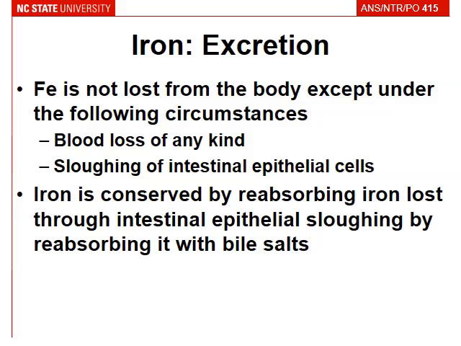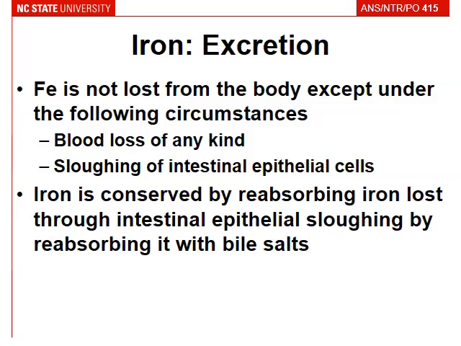Now, our iron, we hold on to it. Our bodies are really good at holding on to it, and we really try not to lose it. We try to have a closed system with our iron. So the main times in which we're going to be losing iron is when we have any sort of blood loss, so if you have cut yourself and you're bleeding.